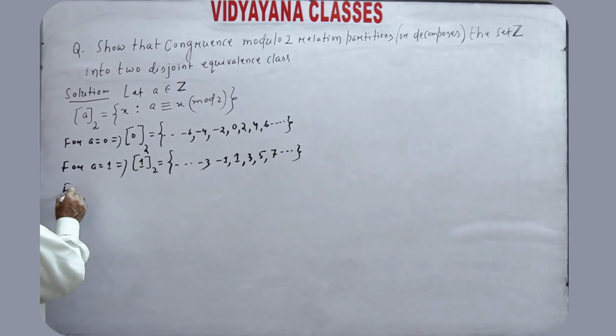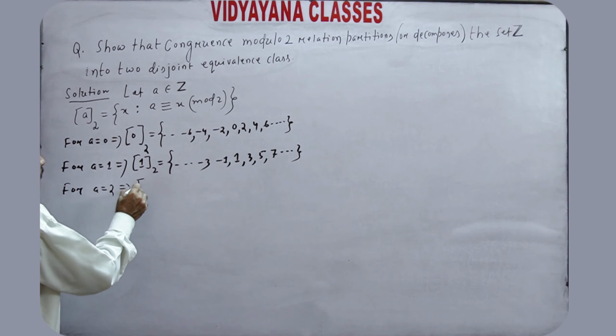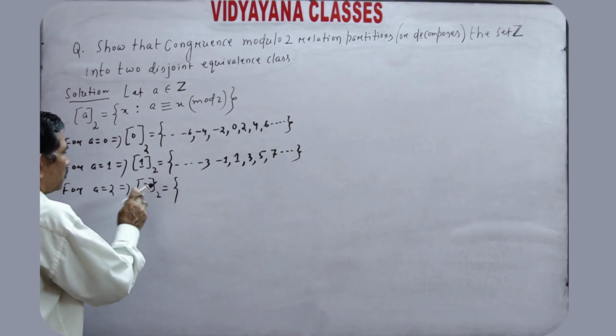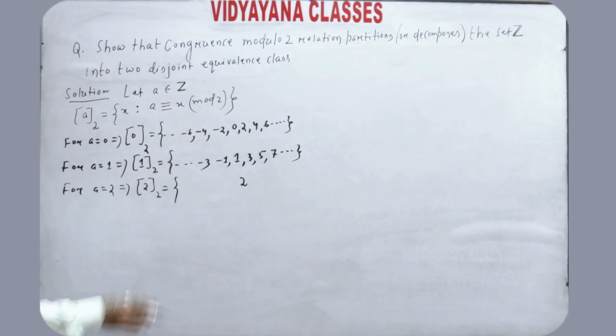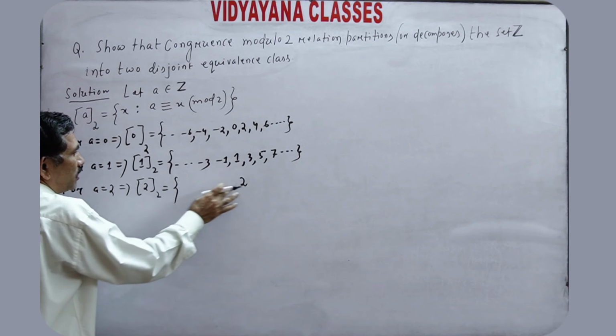For a equal to 2, the equivalence class of 2 modulo 2 is the collection of x where 2 minus x is divisible by 2. For 1 it is 1, for 0 it is 0, for 2 it is 2.